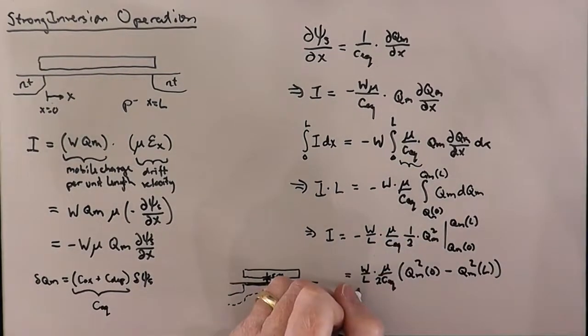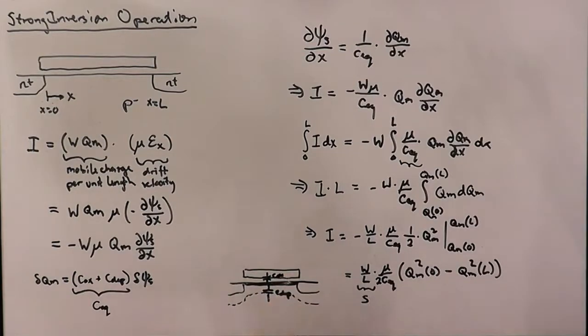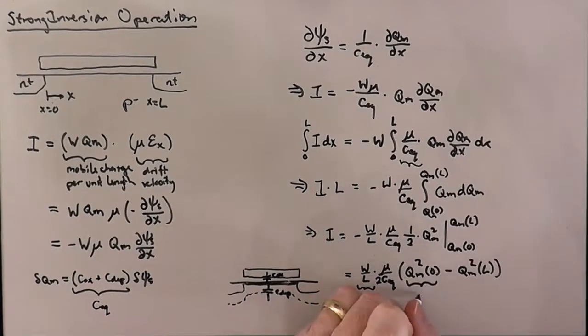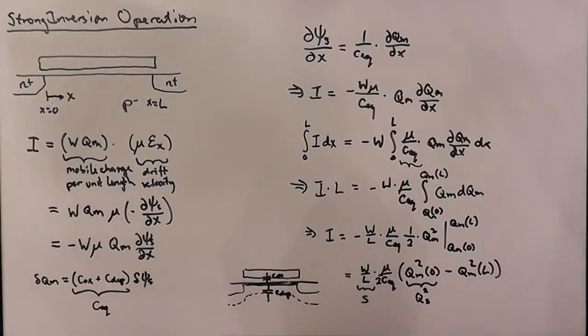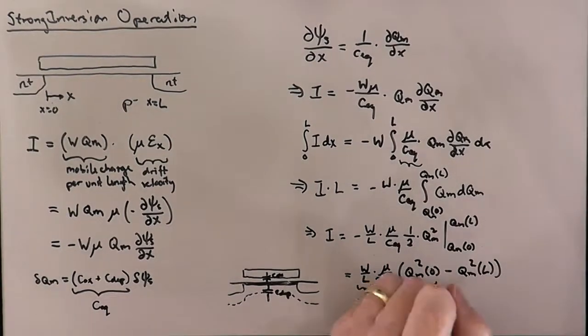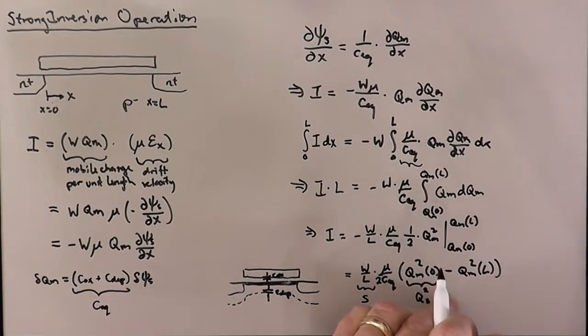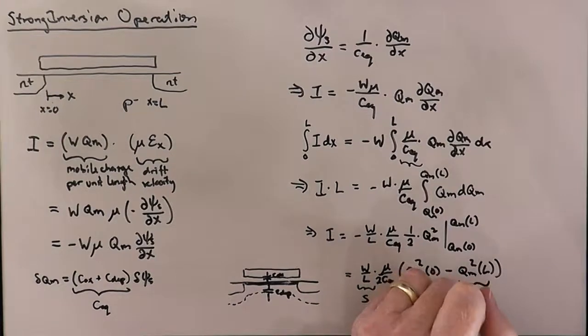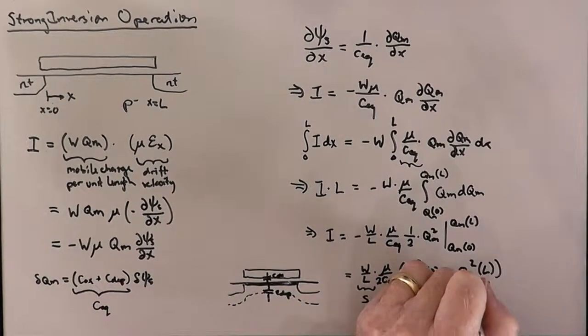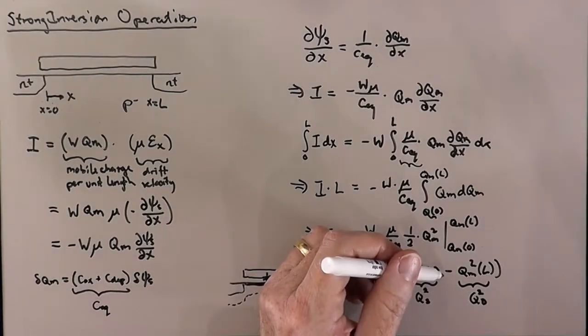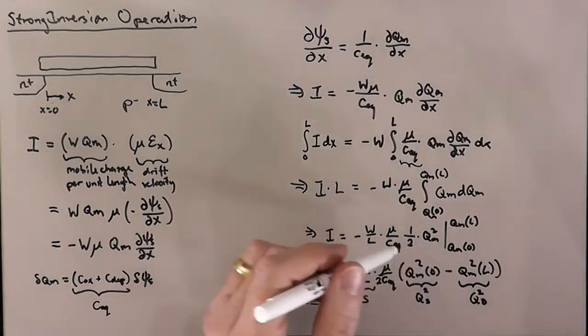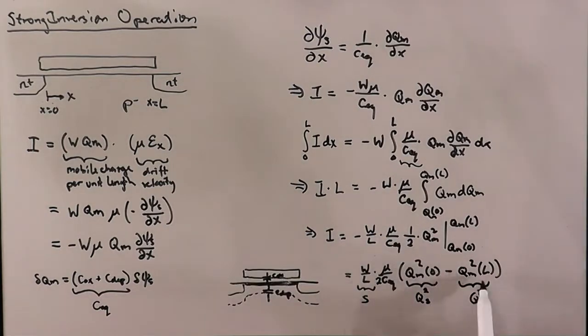Now, this W over L we're going to define as the strength ratio S, and Qm at 0 we typically call Q source, which is the charge density at the source end of the channel, and we typically will call Qm at L Q sub D. Notice here we took the minus sign from up here into the evaluation of this difference, and so we interchange the Qm squared at L and the Qm squared at 0 to account for that minus sign.